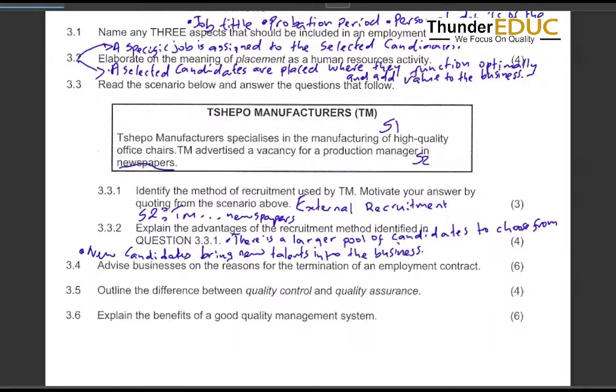So we are saying that employees decided to leave and resign voluntarily.